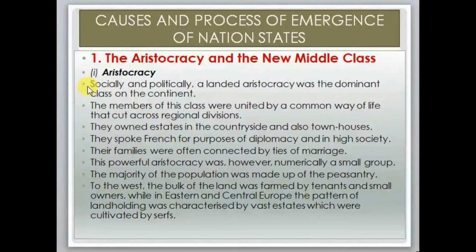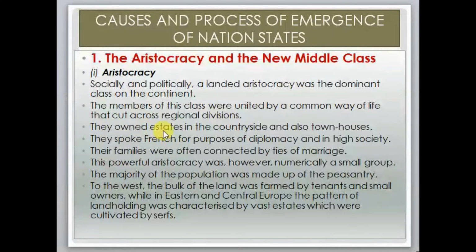The aristocracy, socially and politically, was the dominant class of the continent, and this class was a landed aristocracy. The members of this class were united by a common way of life that cut across regional divisions.